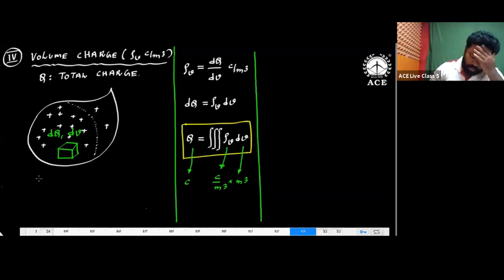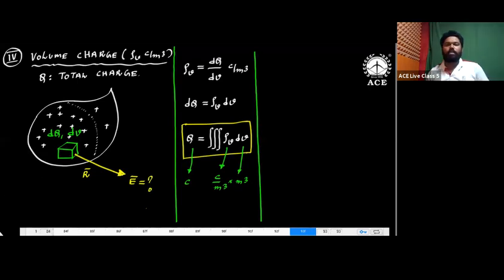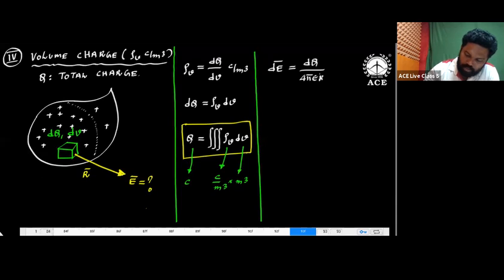I want to find out the electric field due to this one at a distance of r. So what I need to do, same story. dE is equal to dq by 4 pi epsilon r square into r cap.